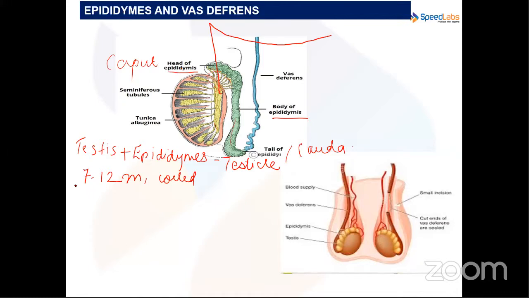And what does it do? Why does the male reproductive system require the epididymis?